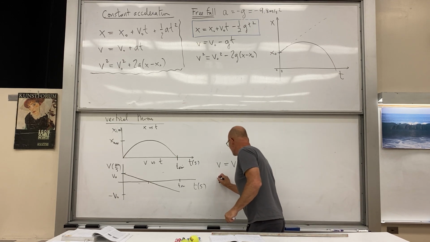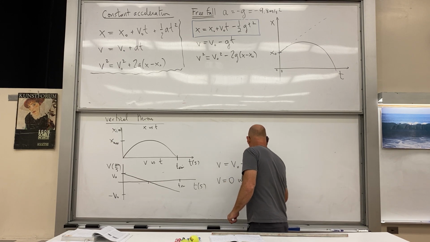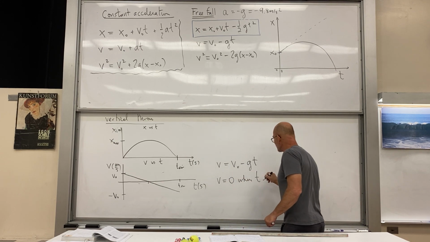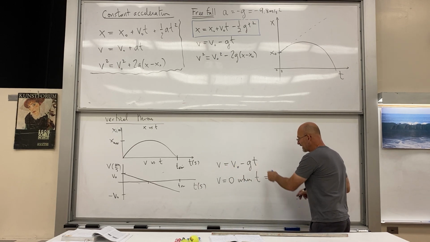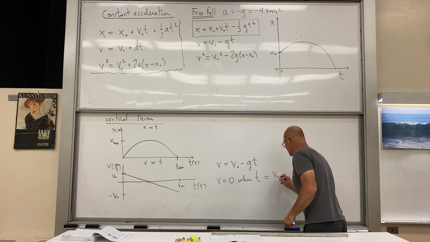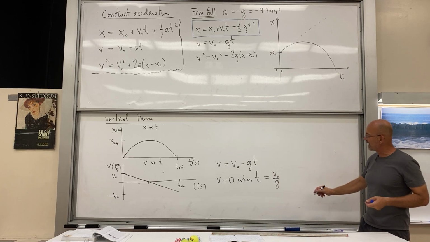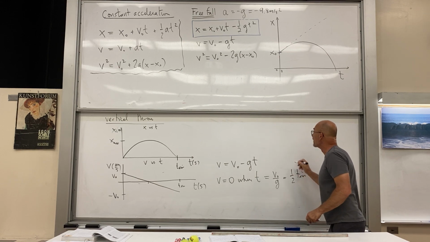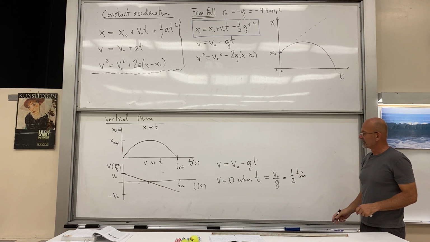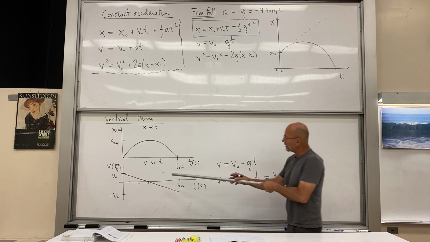V equals 0 when T equals, I'm just solving, plug in a 0 and solve for T, V0 over G. So that's half of T air, which you have in your previous notes. So that's really interesting. So what is this V equals 0?